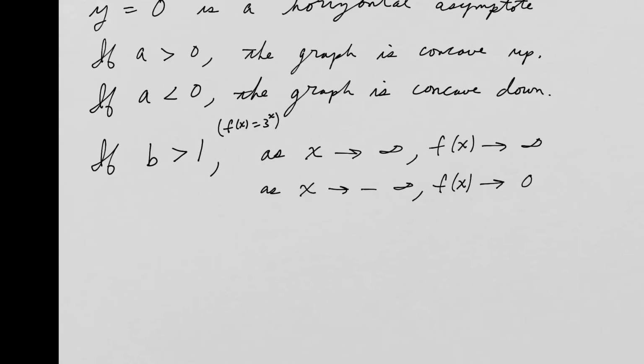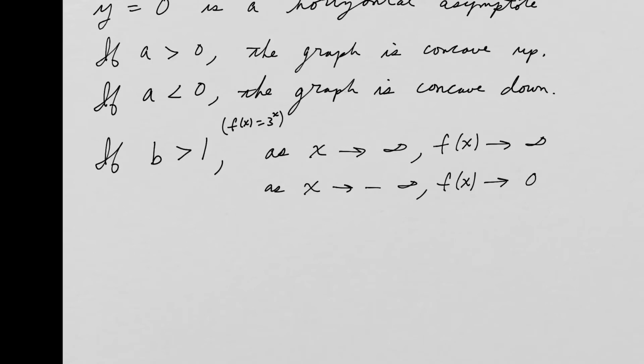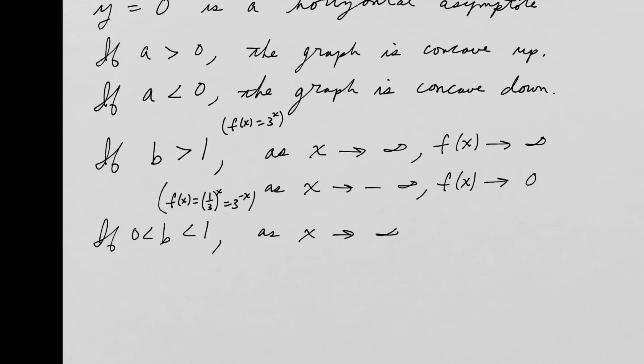And then if b was a fraction, greater than 0 and less than 1, again the one we looked at was f of x equals 1/3 to the x, which is the same as 3 to the minus x. Then as x goes to infinity, the function approaches 0.